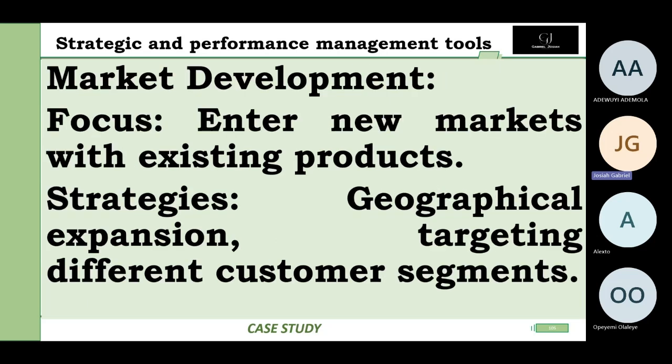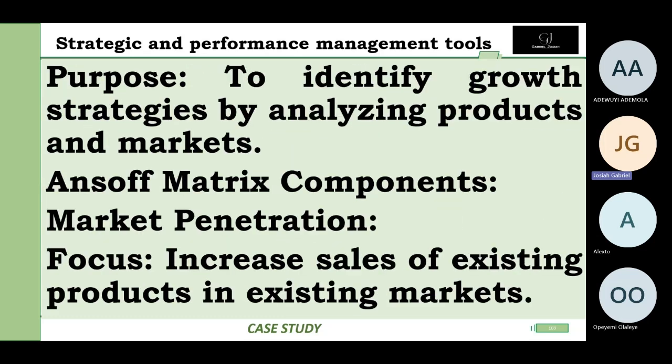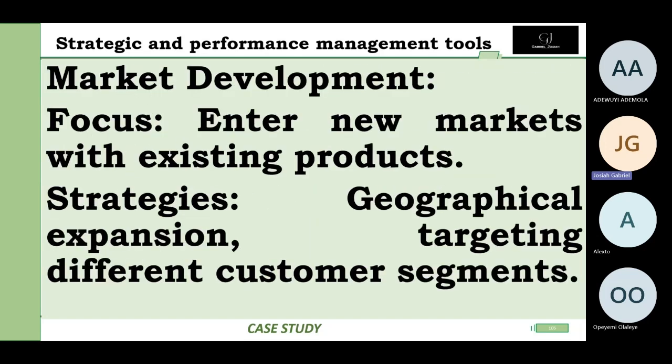The next component is market development under the Ansoff matrix. The focus is to enter new markets with the existing products. The first one is market penetration, which has to do with increasing sales of existing products in existing markets. But the second one is different. It has to do with the existing product, but going into new markets.